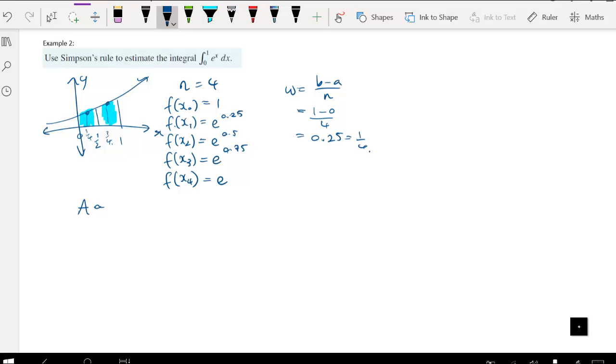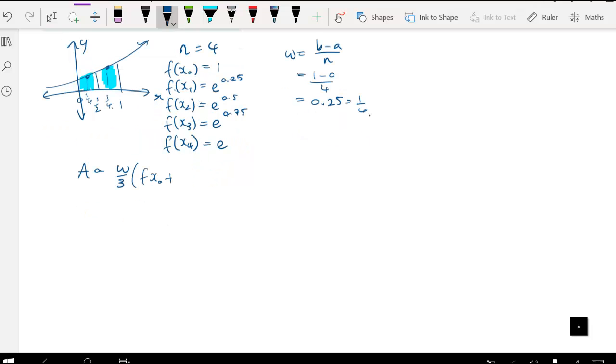So we have here width on 3, f of x0 plus 2 times our even value, which is f of x2, and then we have 4 times the sum of our odd values, which is f of x1 and f of x3.